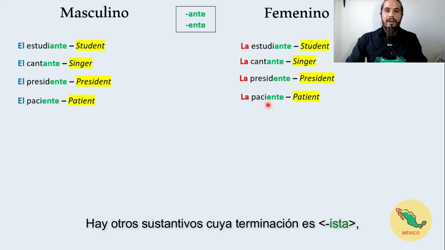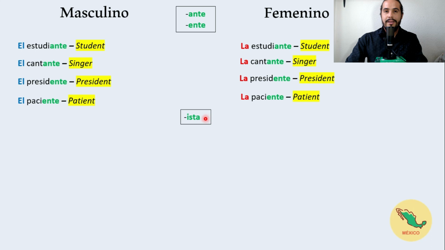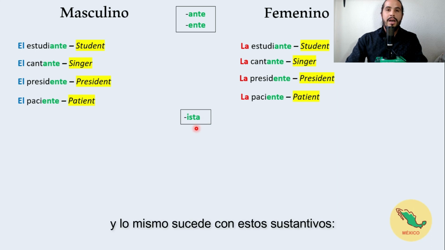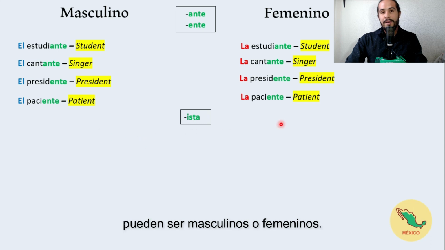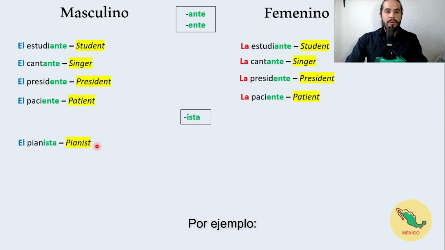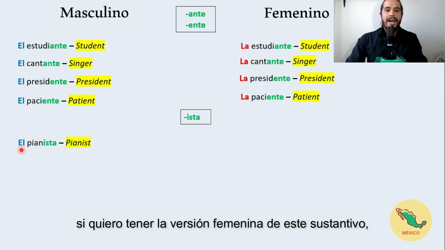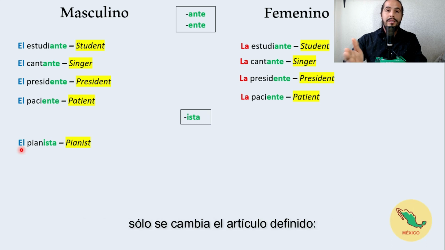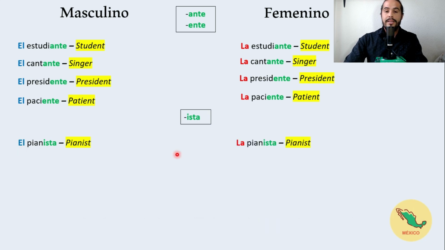There are other nouns whose ending is -ista, and the same situation happens with these nouns. They can be either masculine or feminine. So, for example, you have el pianista. If I want to have the feminine version of this noun, I only change the definite article, and then I get la pianista.